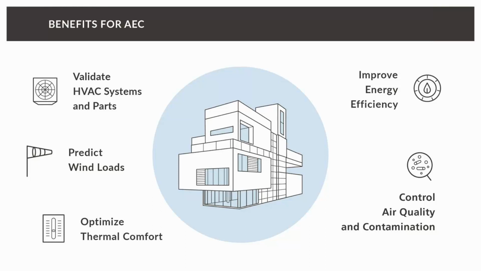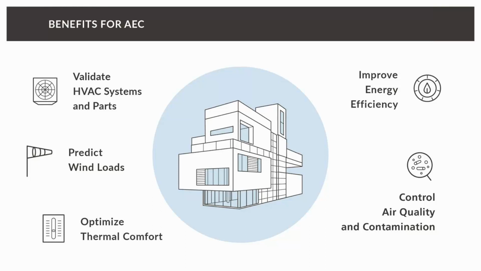But CFD is not only limited to improving the energy efficiency of HVAC systems, but it can also be used, for example, to understand and improve the air quality control and contamination. That's, for example, when you're going to design a factory line where you have some toxic fumes, or also for residential or office buildings.